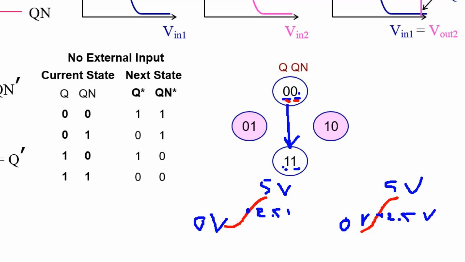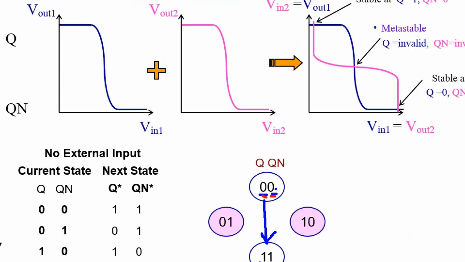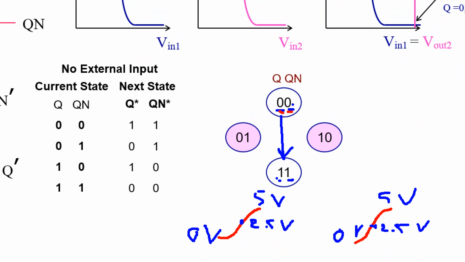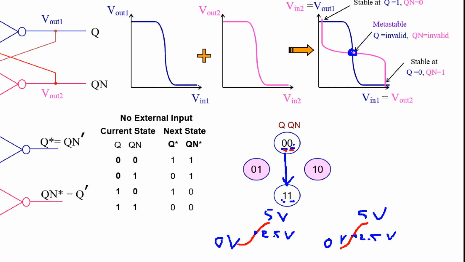So what happens? Yes, it becomes metastable. When it becomes metastable, you cannot predict the next value of Q. It becomes unpredictable, because you don't know how long it will stay at metastable.